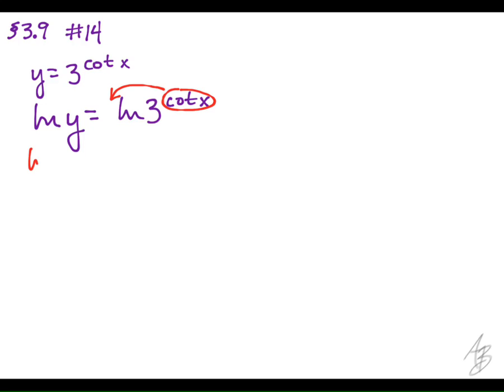So then what we have is the natural log of y equals the cotangent of x times the natural log of 3. Now, one important thing that's hard to remember sometimes, but the natural log of 3 is a what? Constant. It's a constant. It's just a number. It would be the same thing as just saying something like 3 times the cotangent of x.